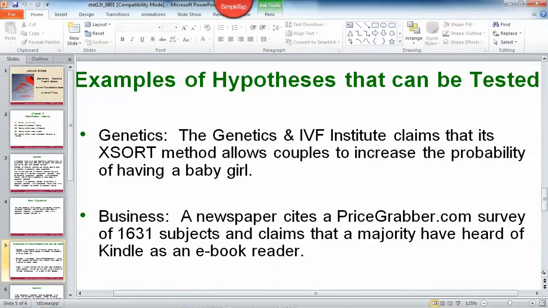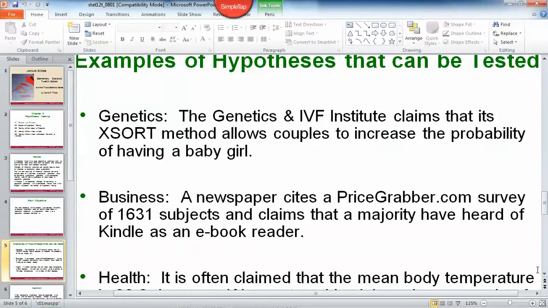A couple of examples your book gives of a hypothesis that can be tested. The XSORT method given by the Genetics and IVF Institute claims that couples can increase the probability of having a baby girl. So that would be their claim.